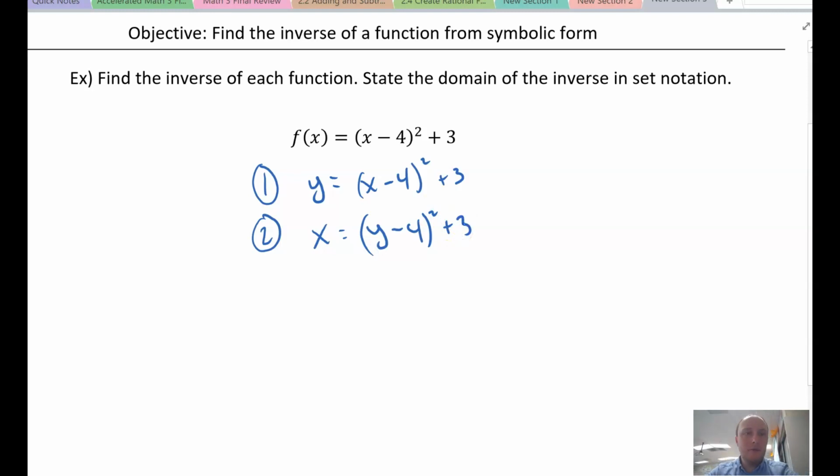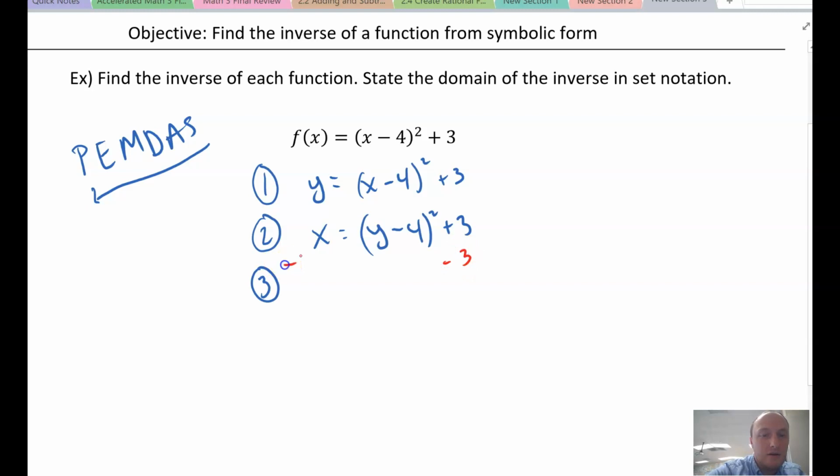Now I'm going to solve, that's step 3. If you forgot, just use order of operations backwards. I'm going to undo the order of operations, so I'm going to subtract 3 on both sides, and we get x minus 3 is equal to y minus 4 quantity squared.